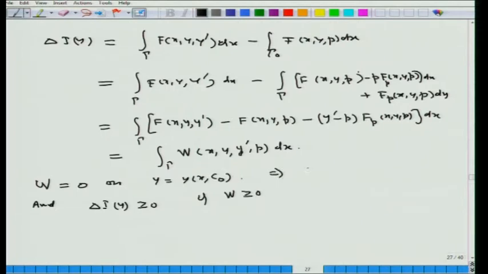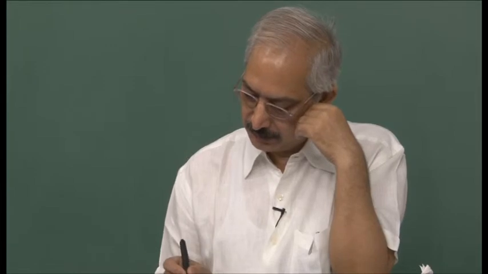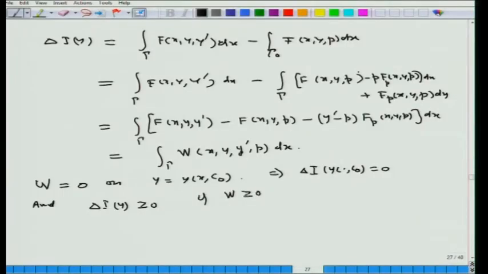So that means this delta I(y_c) is 0, and in the neighborhood of this there are other extremals, or any admissible curve y which joins the points a and b. We see that delta I(y) is greater than 0 if w is greater than or equal to 0, and so we have a minimum.